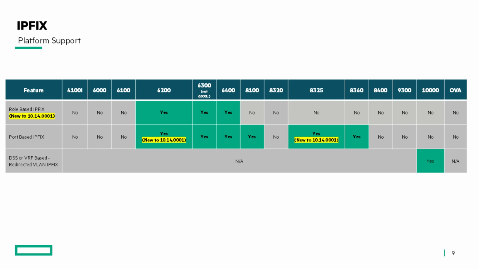We had port-based IPFIX on 6300, 6400, 8100, even 8360s and CX 10000 in the past. What's new is port-based IPFIX has been introduced newly on 6200 and CX 8325 in 10.14.